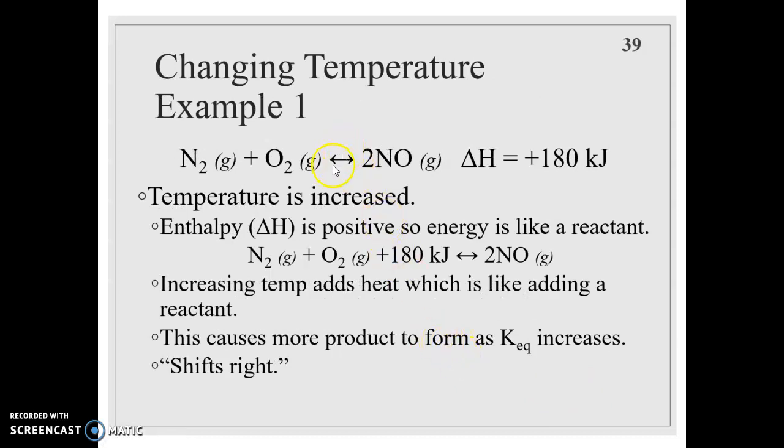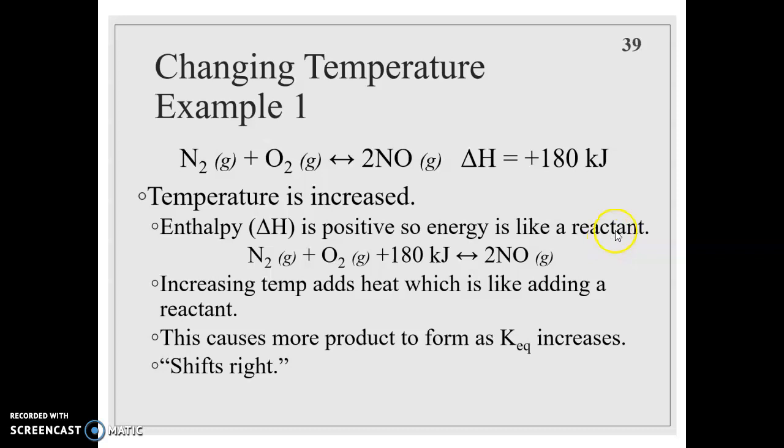All right, so we'll look at this first example with some nitrogen and oxygen reacting to make nitrogen oxide. So we're going to address this. The temperature is increased. This particular reaction is endothermic, so the positive enthalpy change tells us that.